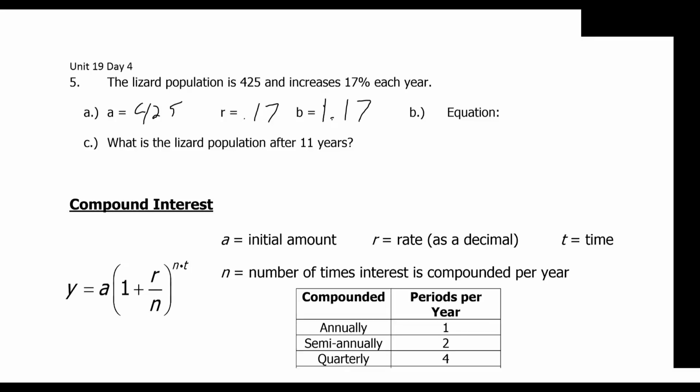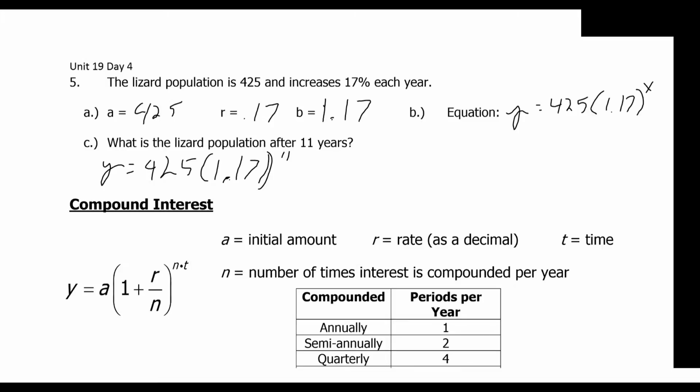The equation is going to be y equals 425 on the outside of 1.17 raised to the x. And it says, what is the lizard population after 11 years? So we say y equals 425, the outside of 1.17 raised to the 11th power.